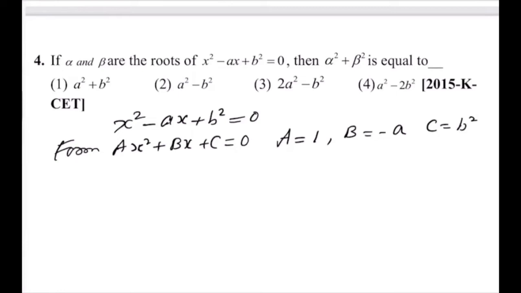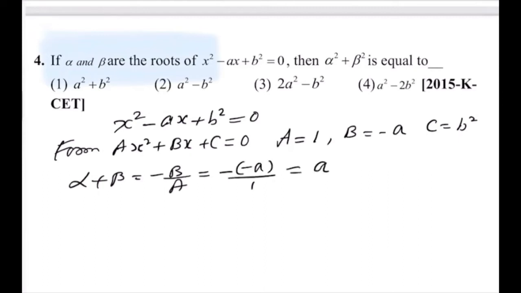Since alpha and beta are the roots of the equation, sum of the roots alpha plus beta is minus b upon a, that is minus of minus a upon 1, that is a, and product of the roots alpha into beta is c upon a. C is b square upon a is 1, b square.